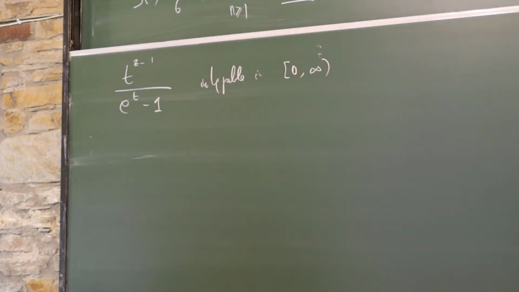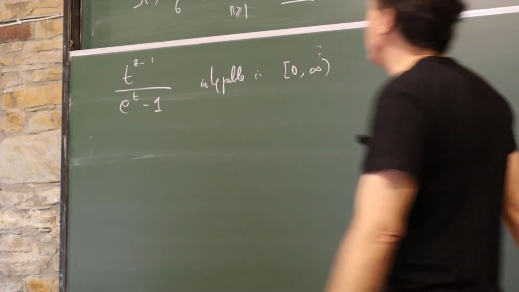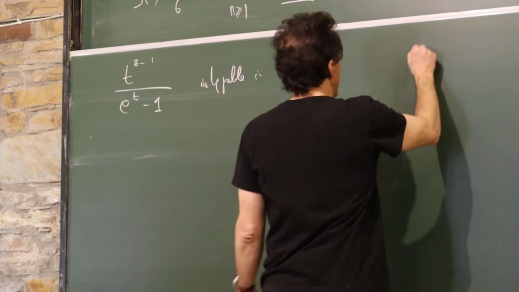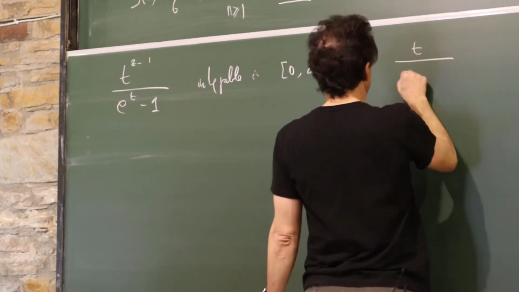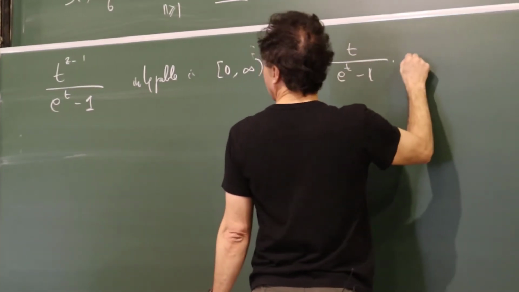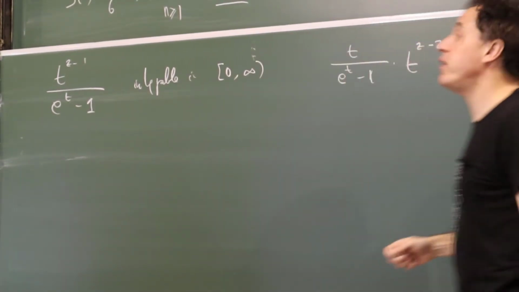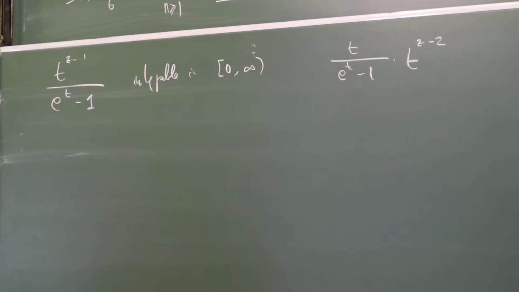To see what happens at infinity, we could, for instance, multiply and divide by t here. Let us verify. Sorry, no, it's not correct. No, this is good. This would be good for 0.